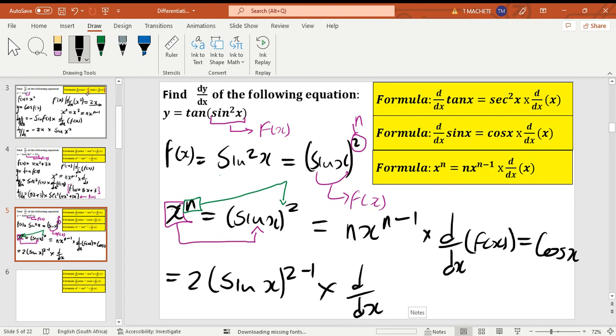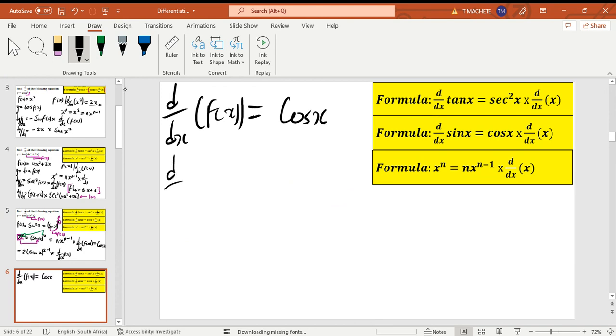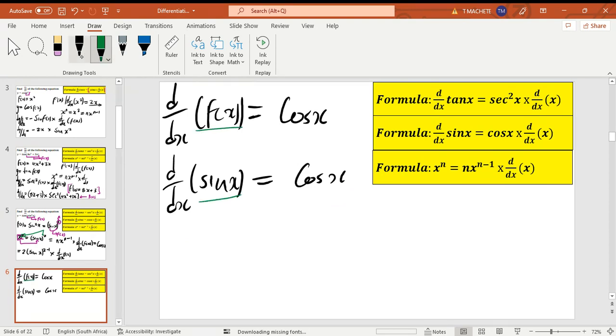So our d over dx of our f of x was cos. Okay, let's proceed. So I'm saying our d over dx of our f of x is equal to cos x, because d over dx of sine x is equal to cos x. Remember, where there's f of x, you're going to have to put sine in this case.